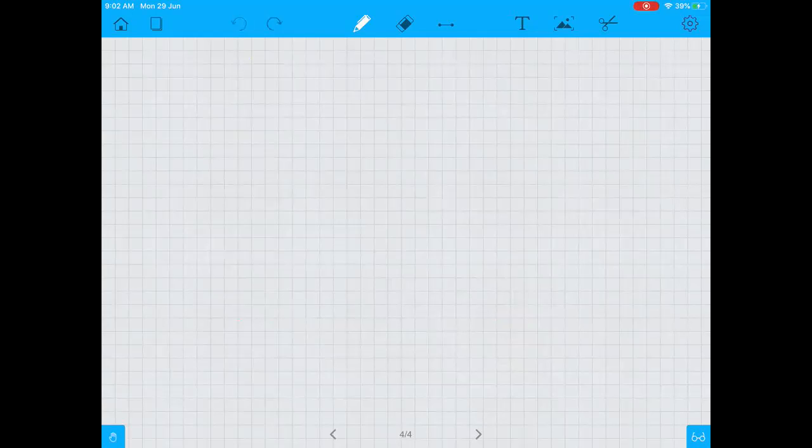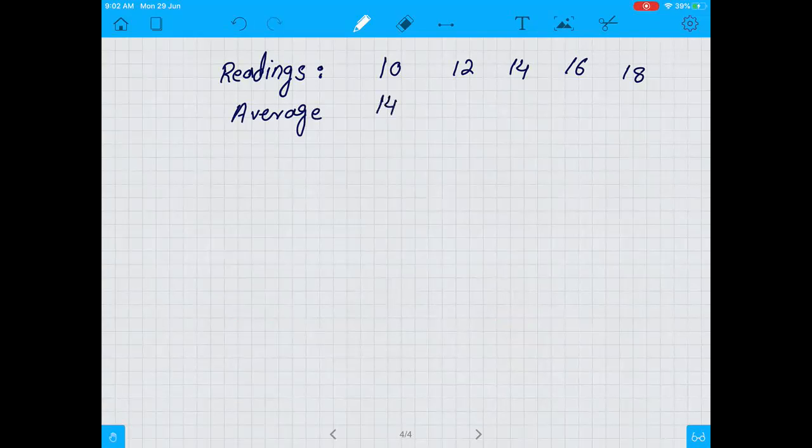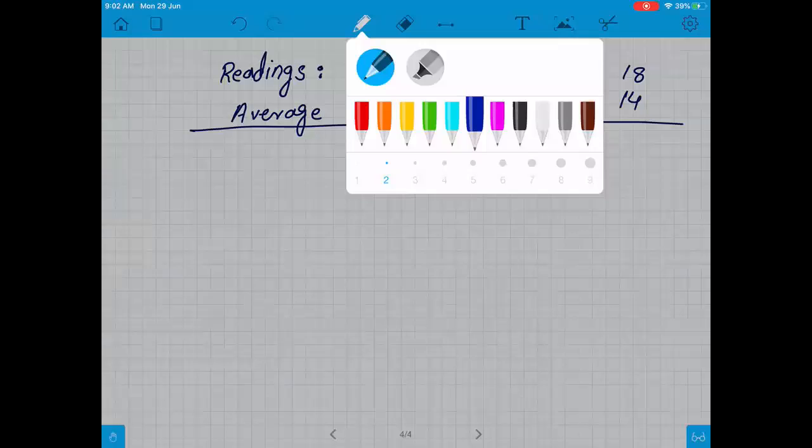The readings were 10, 12, 14, 16, and 18. The average was 14. Now let's calculate the deviation or the difference of every individual reading from the average.